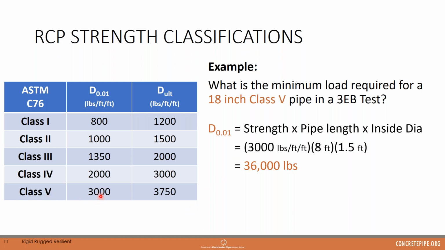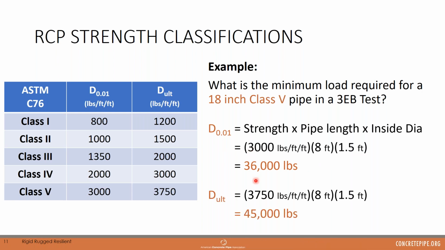I would use the value of 3,000 pounds per foot, multiply that by a typical lay length of 8 feet, and the inside diameter, because it's 18 inches, it works out to 1.5 feet. You take the product of those 3 numbers and you end up with 36,000 pounds. So that's how much load an 18-inch class 5 pipe needs to carry before this 0.01 inch crack appears over a 12-inch length.